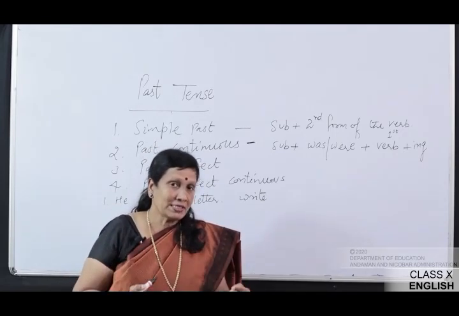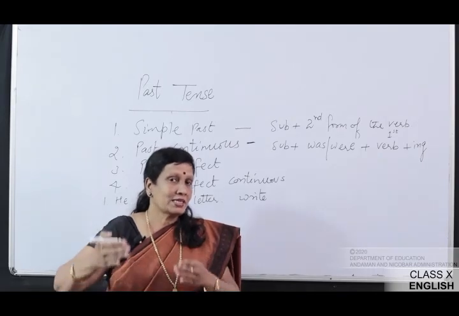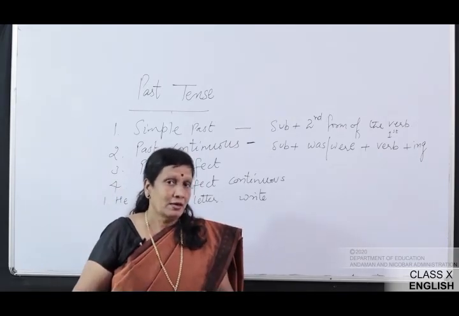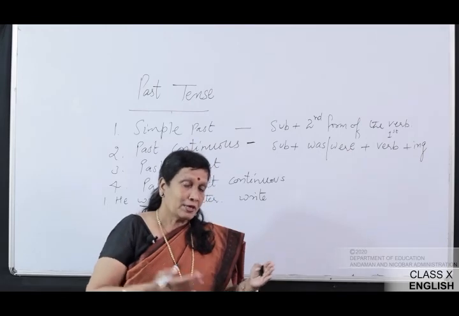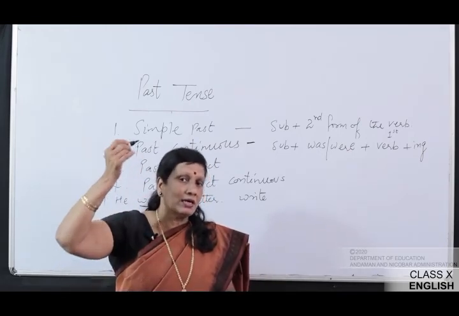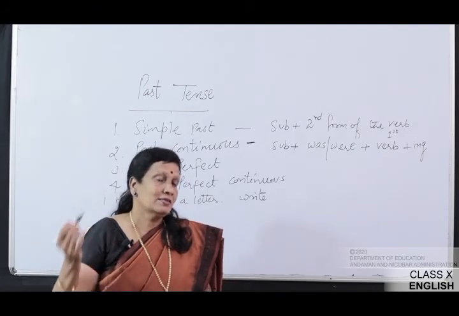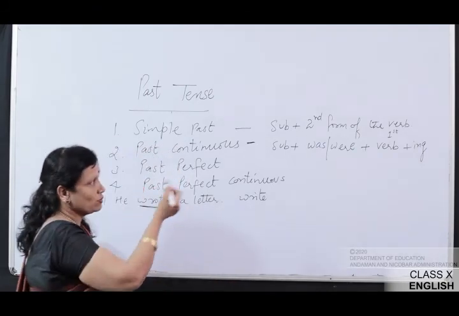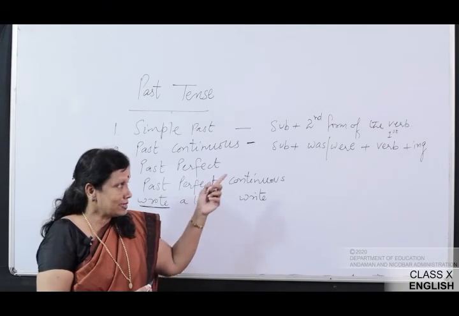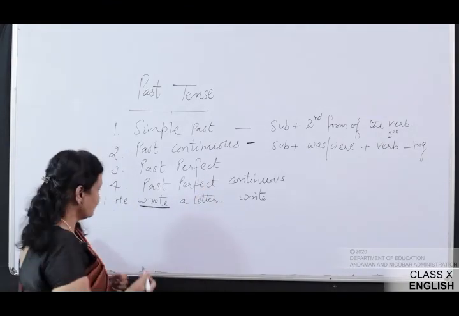When we talk of the present tense, the action is continuing in the present. If we talk of the past tense, that means the action continued for some time in the past. Past continuous: subject plus was or were plus verb plus ing.